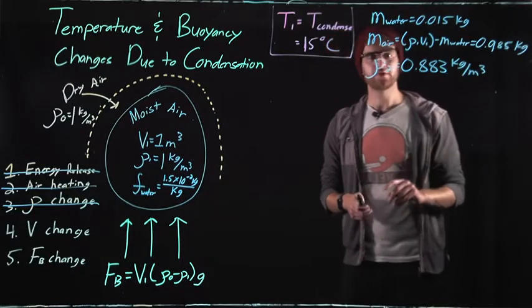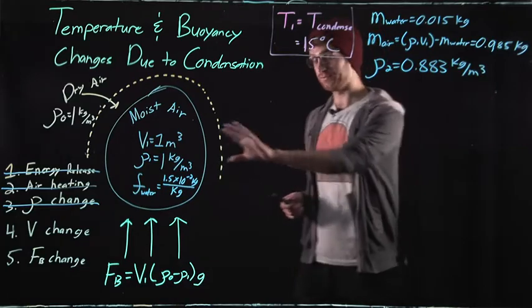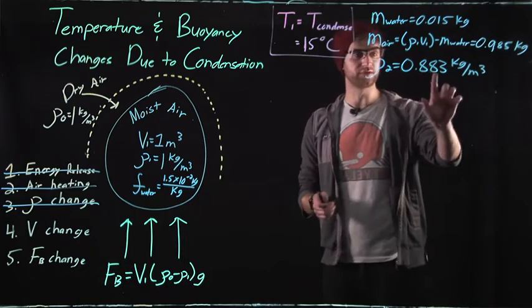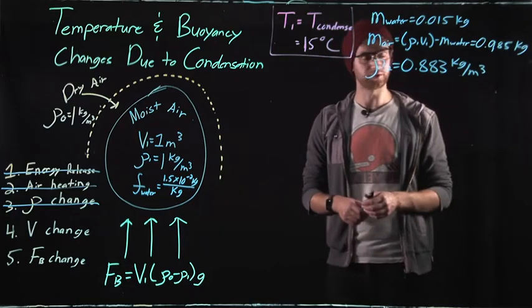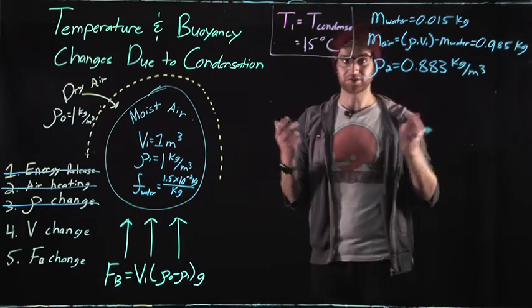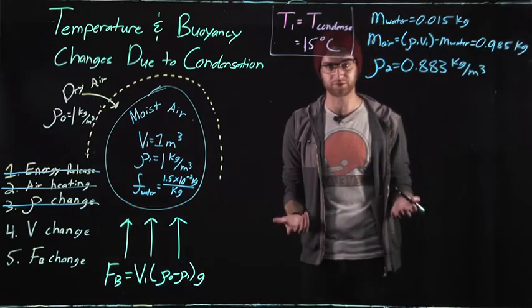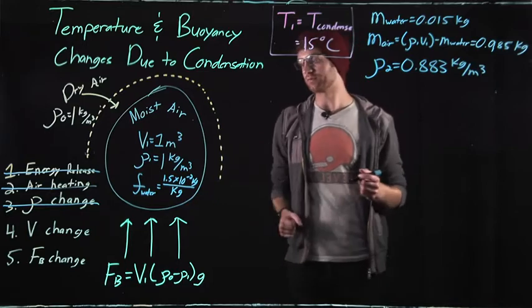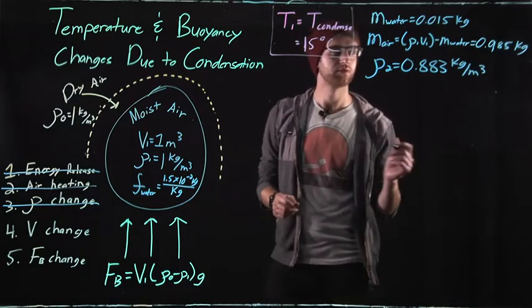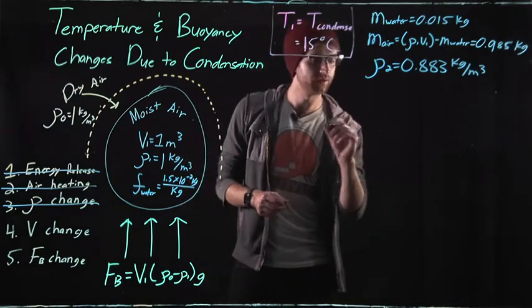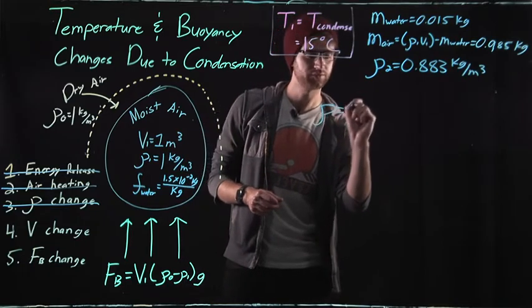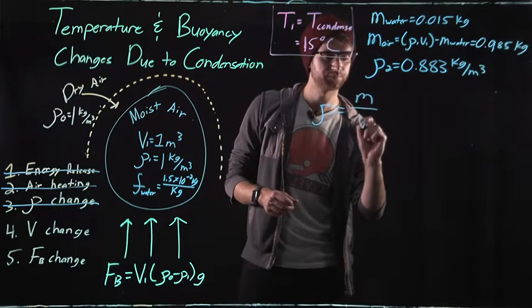So we just found that the density change due to condensation of this parcel of air, the new density is 0.883 kilograms per meter cube. So that must mean that the temperature or the volume has also changed, right? We want to find the new volume of this parcel of air. Okay, well, we know that density equals mass divided by volume.